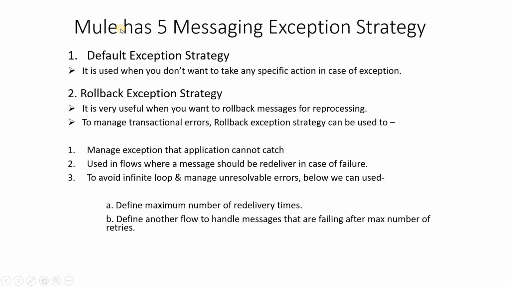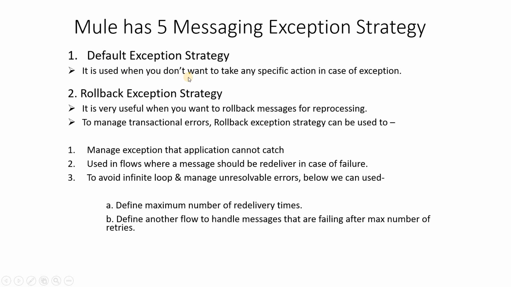exception strategy part. Mule has 5 messaging exception strategies. First is the default exception strategy, and I have already mentioned the 5 types of exception strategy on the above slides. Now I'm going to cover them in detail. First is the default exception strategy.